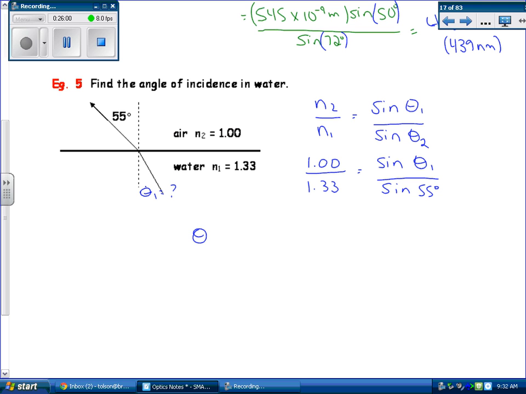So theta 1 is inverse sine of 1.00 times sine 55 degrees divided by 1.33. You should get 38 degrees.